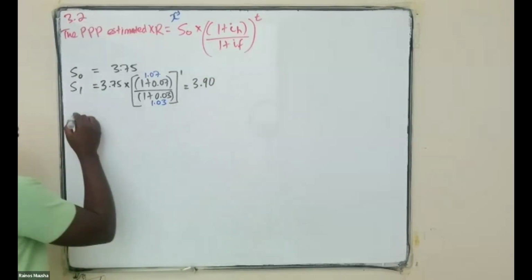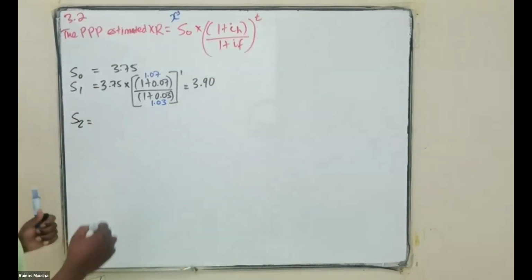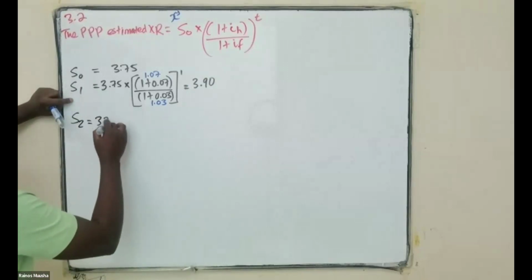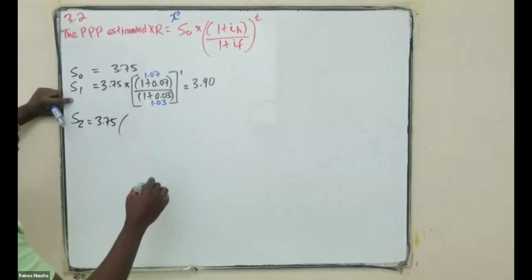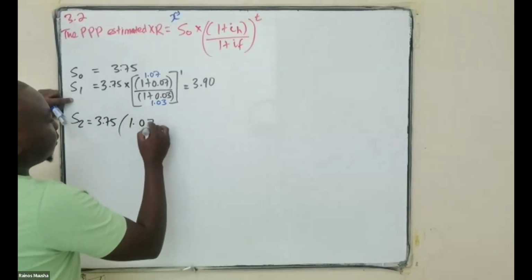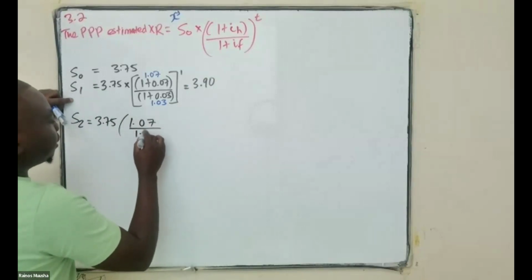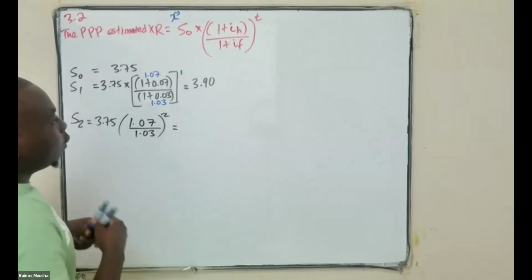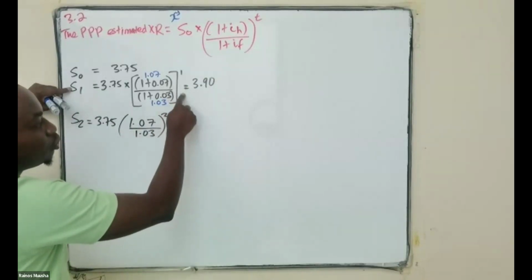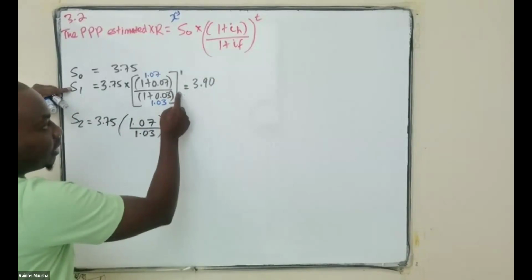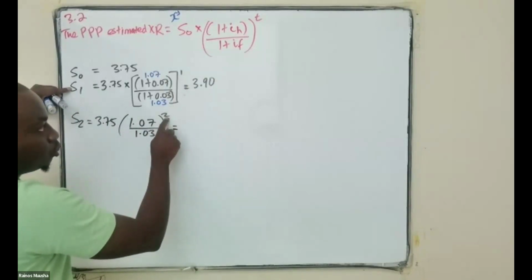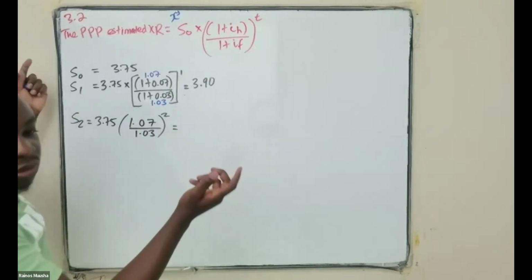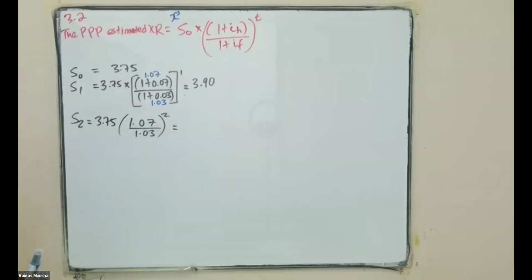Now, to get the spot rate in the second year, it's 3.75 open brackets 1.07 divided by 1.03 to the power of 2. On the previous calculation, you just backspace, remove the 1, put the 2, and press equals. It becomes easier to quickly get the exchange rates. How much do you get? 4.05.